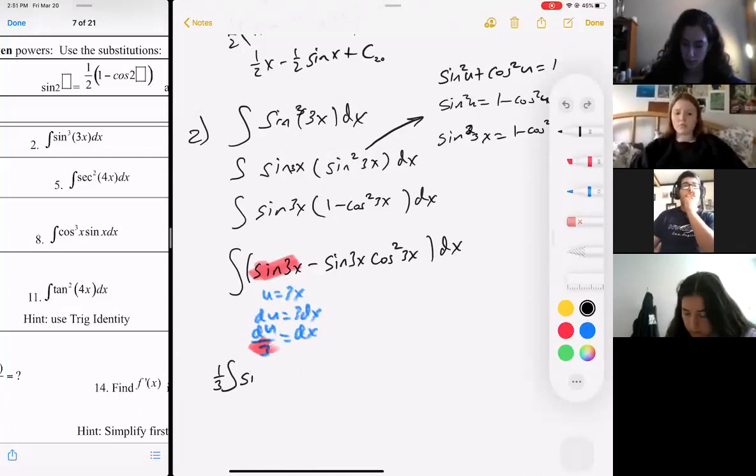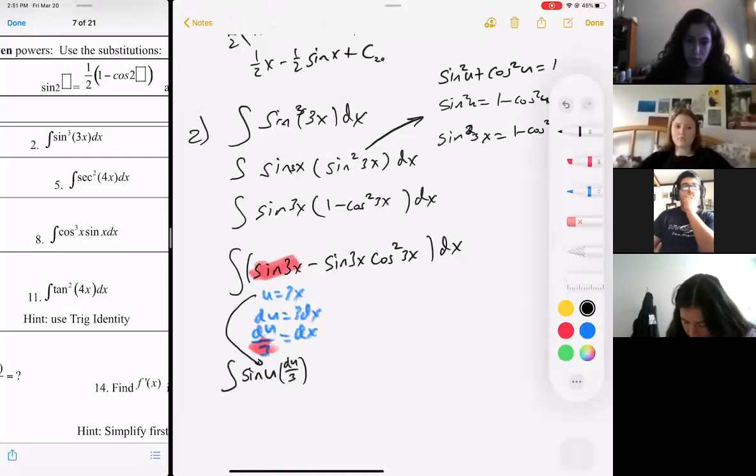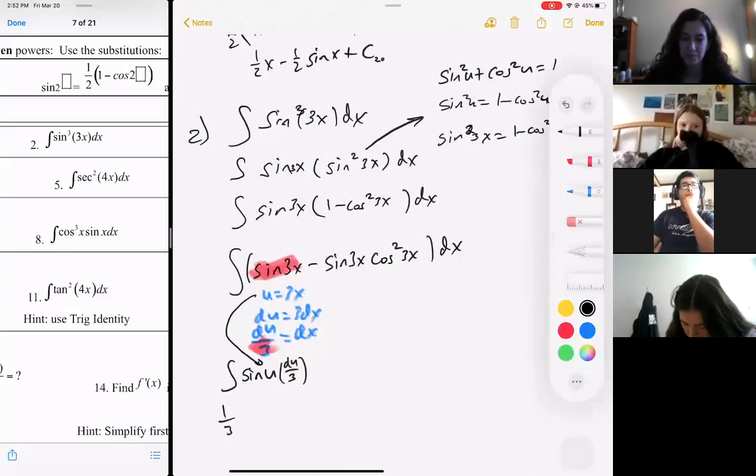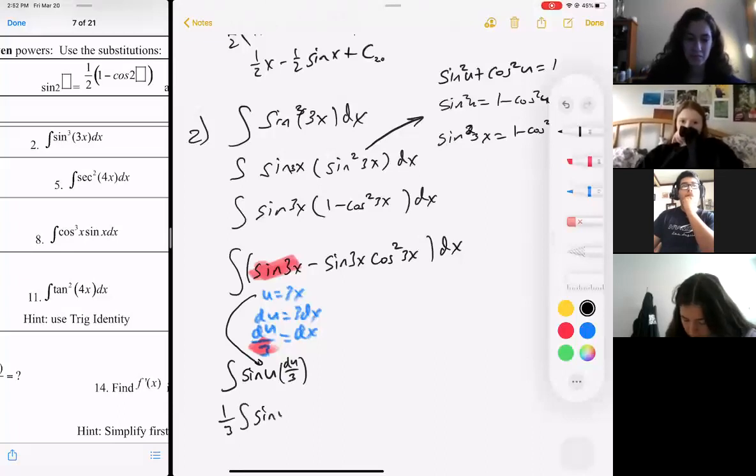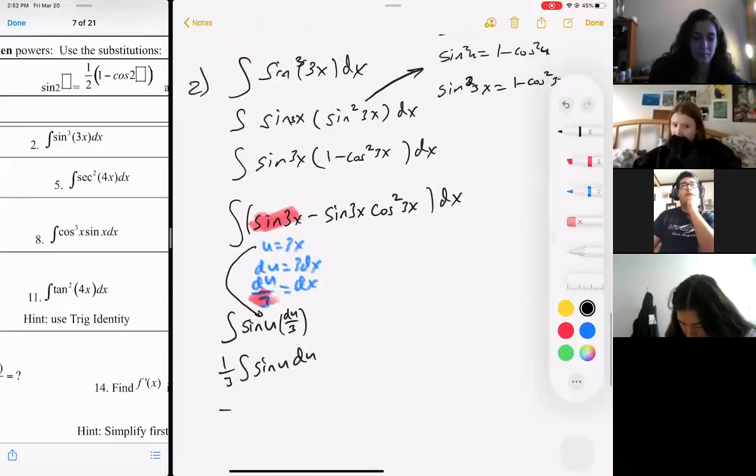Let me write that out. Sine of u, because we called it u now, and the dx would have been du over 3. Rewriting it, 1/3 integral sine of u du, and we know what the integral of sine is. It is negative cosine. Plugging back the u of 3x. Done. We were able to take the integral.